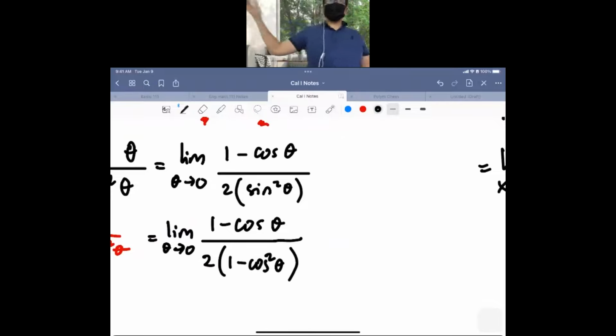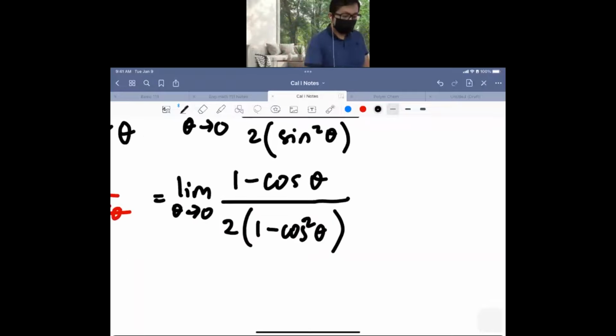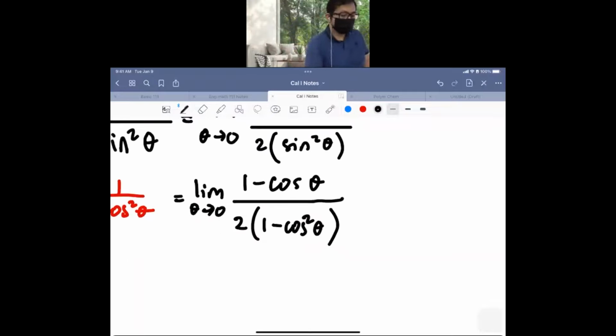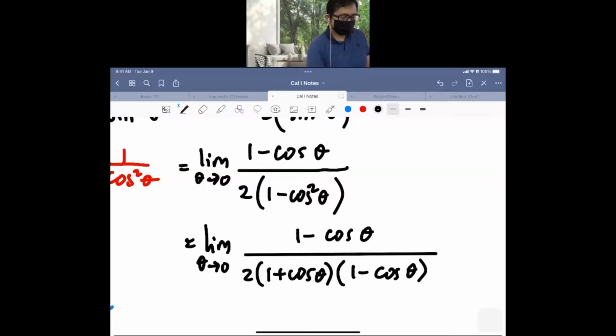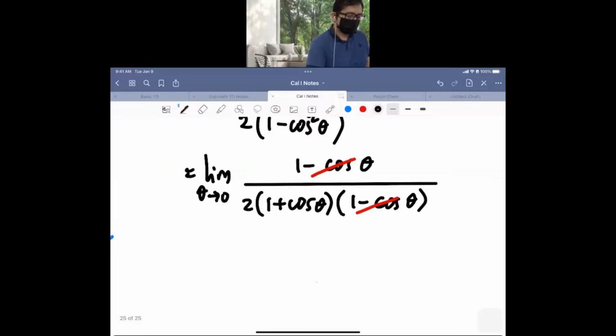Remember, this is 1 minus cos squared. Now, perhaps we can factorize. We can factorize this.